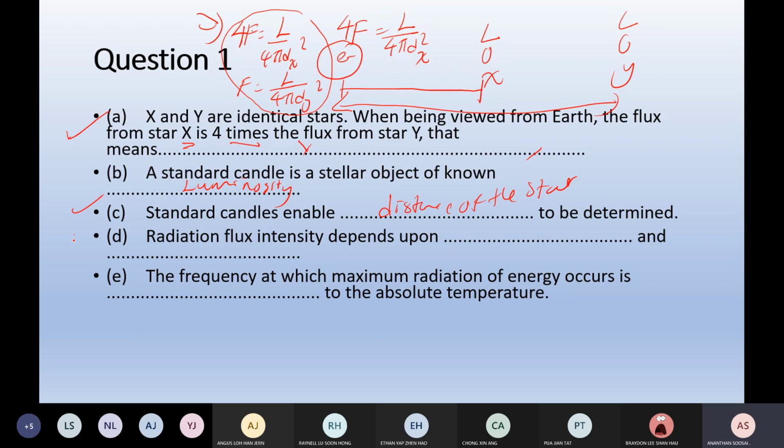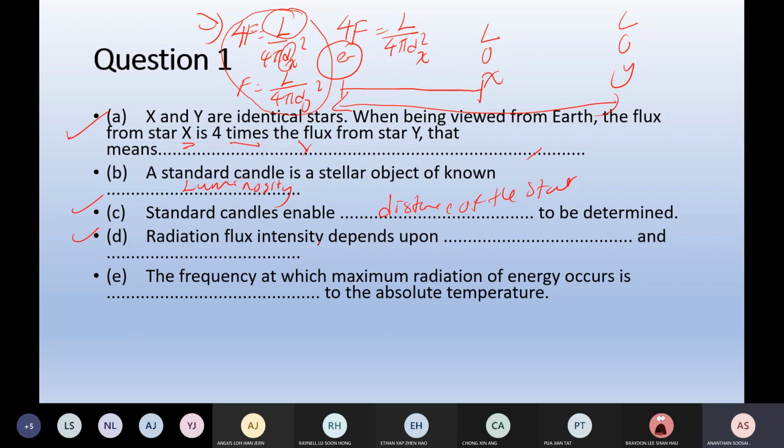Think about D. The radiation flux intensity depends upon what and what? It's all in this formula. Flux depends on the luminosity of the star and the distance of the star from the Earth.